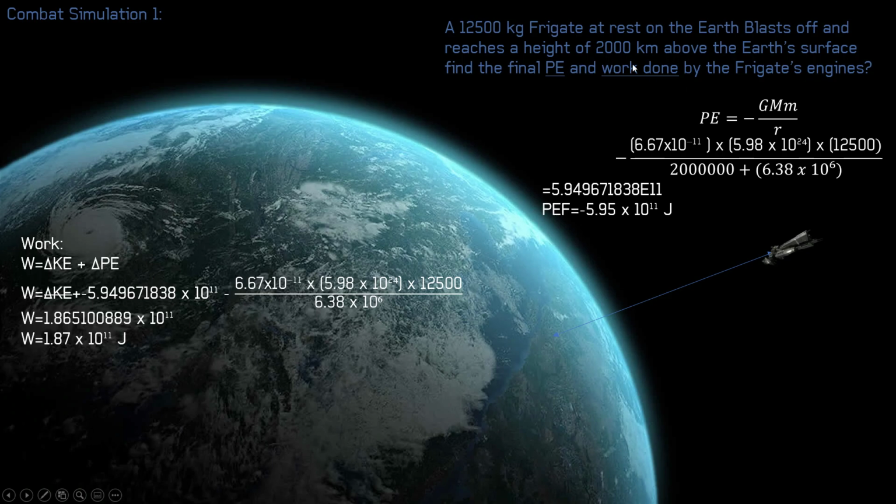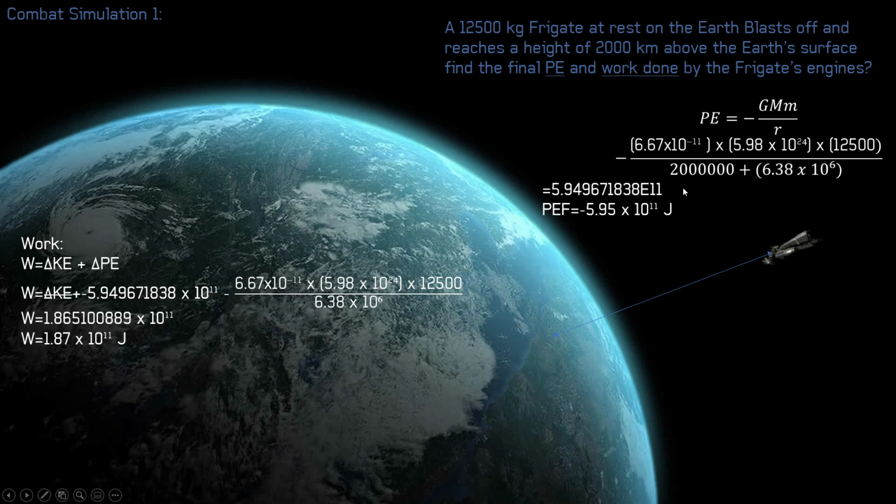It's 2,000 kilometers above the Earth's surface, which I switched to meters right here, and we need to add that to the radius of the Earth, from the Earth's core to its surface, which is 6.38 times 10 to the 6. So now we have our actual radius.